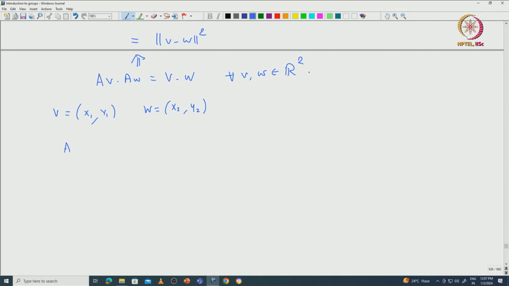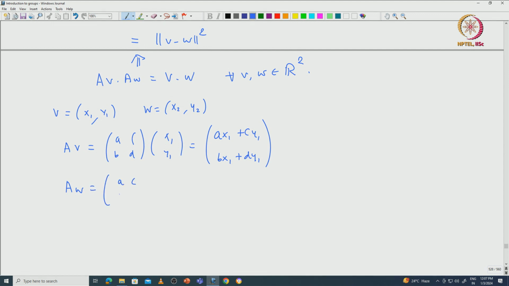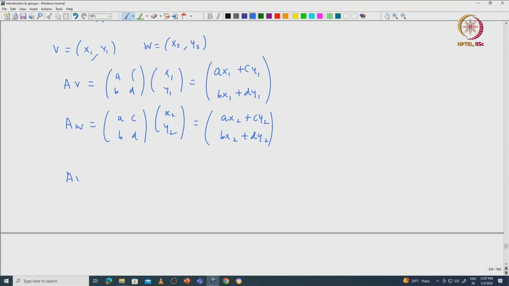Then you can see that AV, where A is the matrix a, b, c, d, acting on x1, y1, is going to be a x1 plus c y1, b x1 plus d y1. Similarly, AW is going to be a x2 plus c y2 and then b x2 plus d y2.